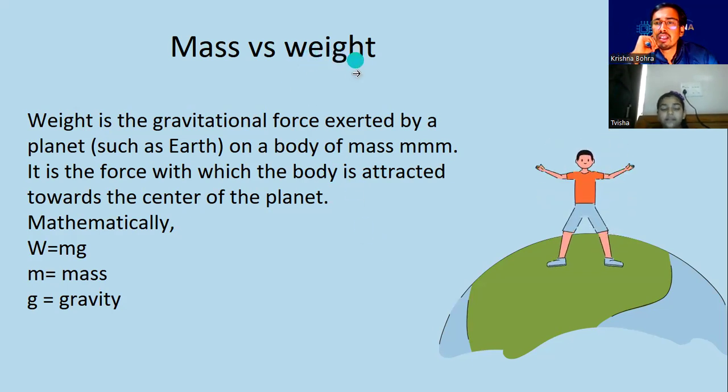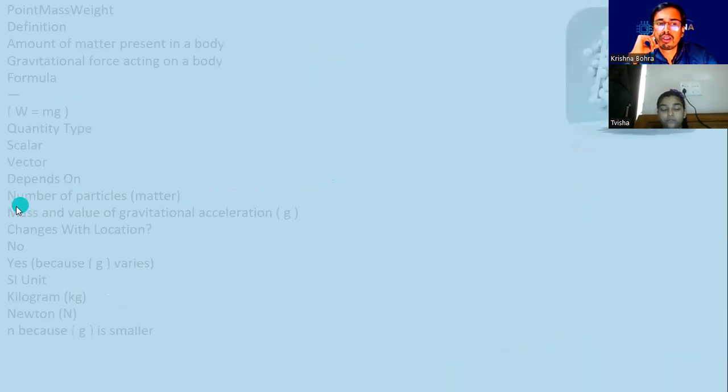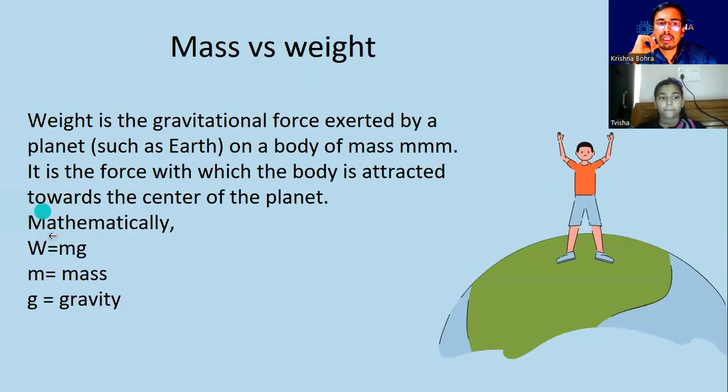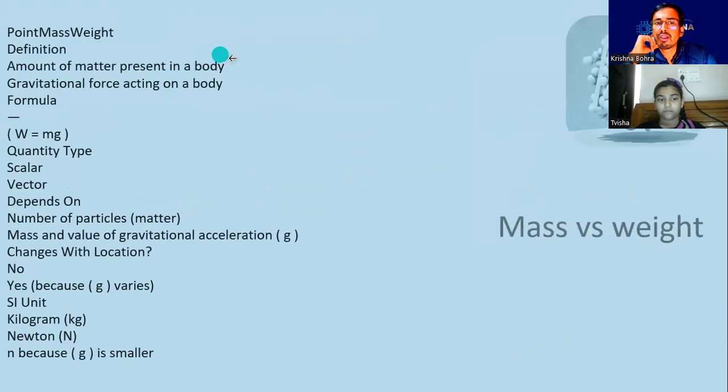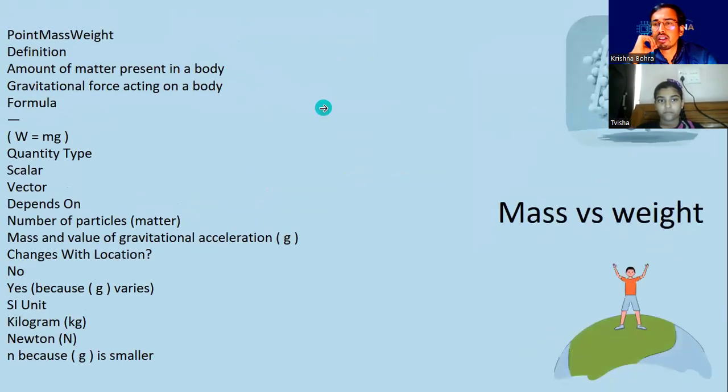While weight is the magnitude of the force, especially the gravitational force exerted by one body, especially the Earth, onto the other body. So weight mathematically is mass times gravitational acceleration. These are the two terms we have understood, mass and weight.